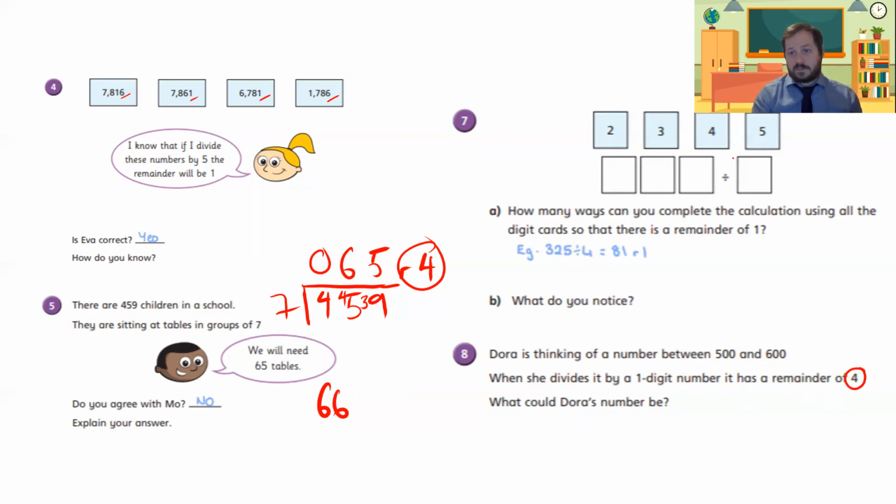It has to be above, otherwise it won't ever have a remainder of 4. The easiest one to choose would be dividing by 5, because all the numbers divisible by 5 end in a 0 or a 5. If we got a remainder of 4, it's got to end in either 4 or 9. As long as we use one of those, the number itself could be anything we like, and that would give you a remainder of 4.